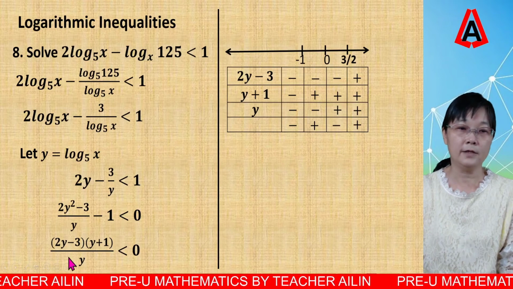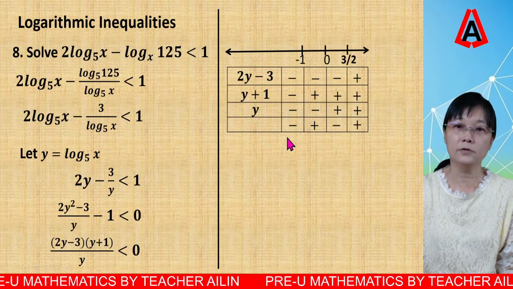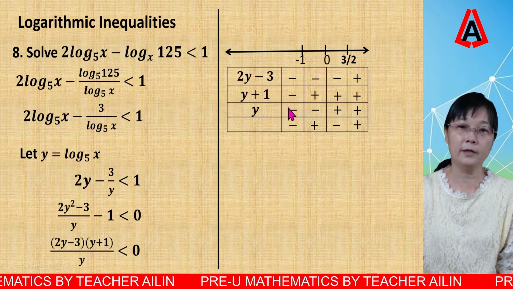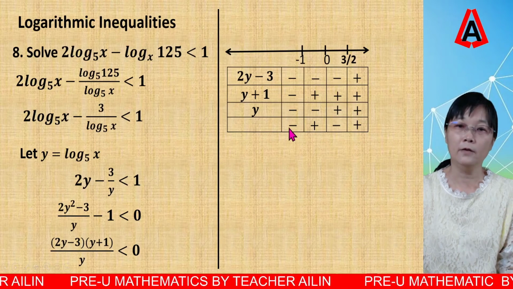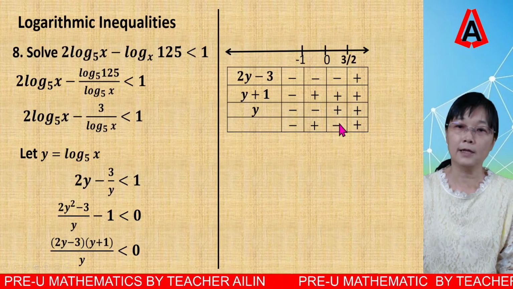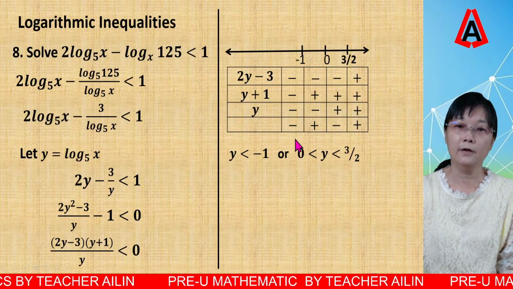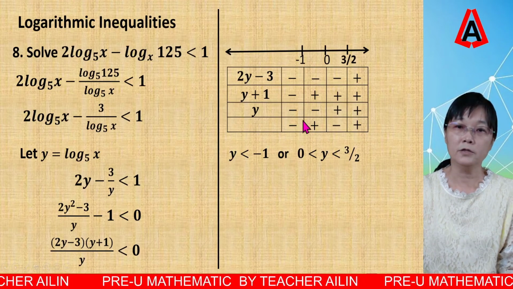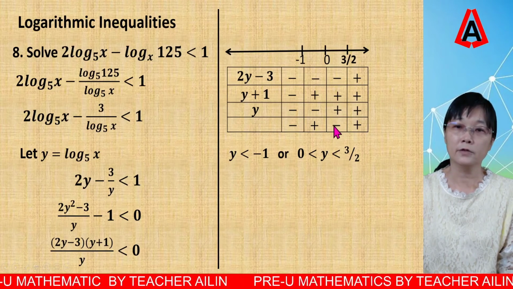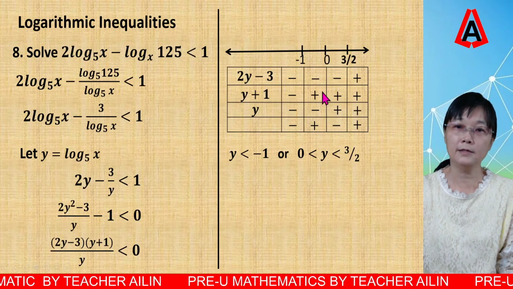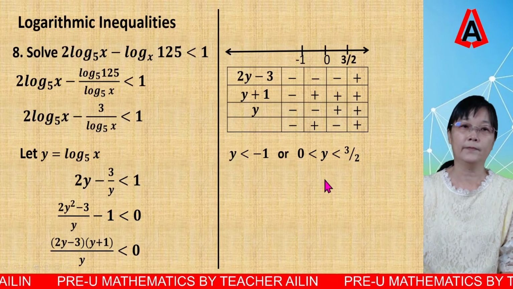Then since the inequality should be less than 0, for the range of values of y we will take the values of y where the answer is negative. So therefore, from this table, we found that y should be less than -1, and also y should be greater than 0 but less than 3 over 2.